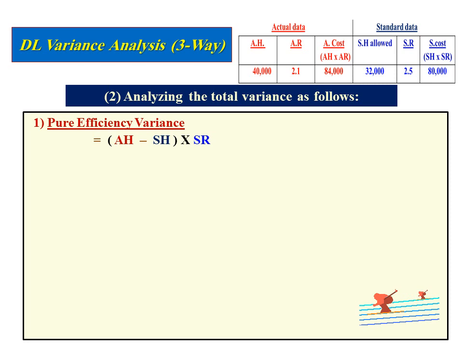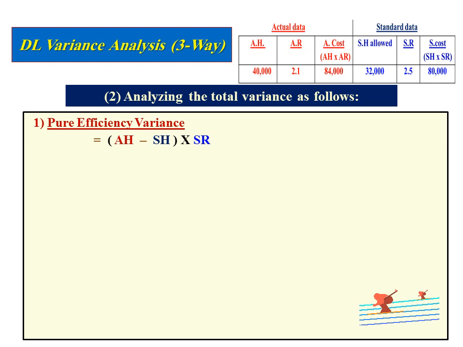This is my table, to know how you can get your amounts from it. Very simple if you remember your equations. For efficiency: actual hours minus standard hours times standard rate. Here actual hours 40, standard hours 32, and standard rate 2.5.